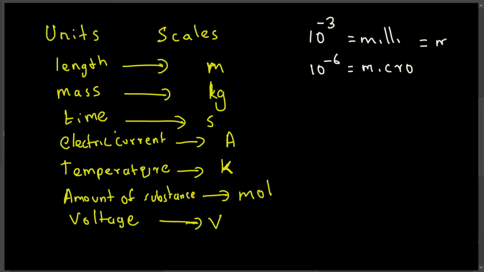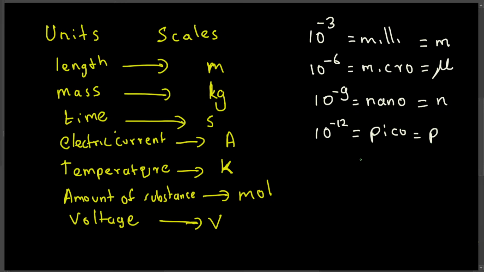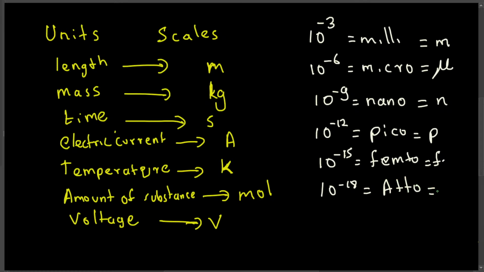Milli is small m, and micro is mu. 10 to the power of minus 9 is nano, that is small n, and then 10 to the power of minus 12 is pico, that is p, and 10 to the power of minus 15 is femto, that is f, and 10 to the power of minus 18 is atto, that is a.